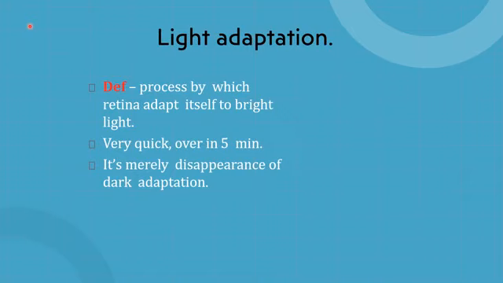And next, light adaptation is defined as the process by which the retina adapts itself to bright light. It is very quick and over in 5 minutes. It is merely disappearance of dark adaptation. On immediate reaction to sudden bright light, the pupil constricts and the amount of light entering the retina is reduced.